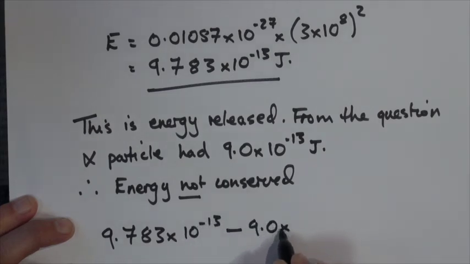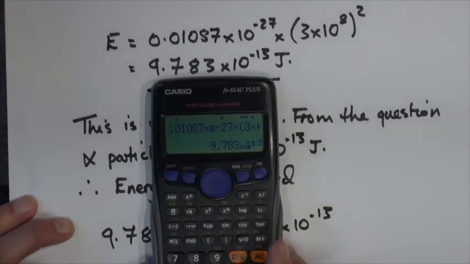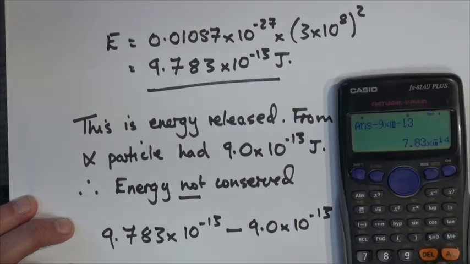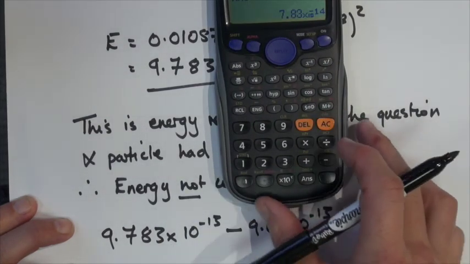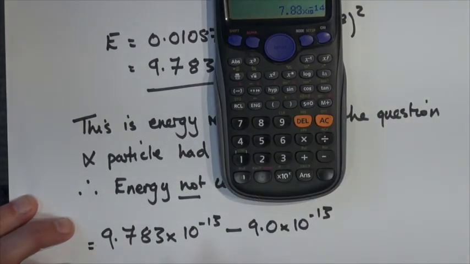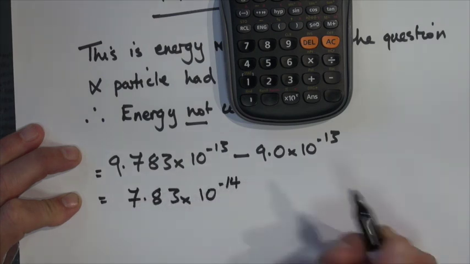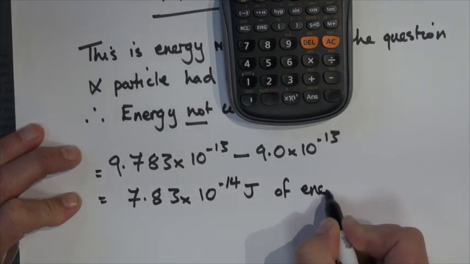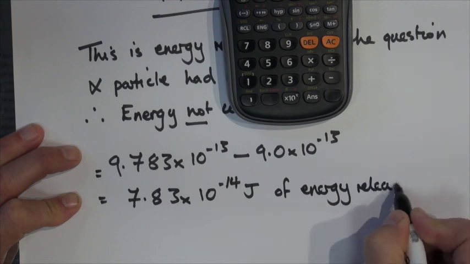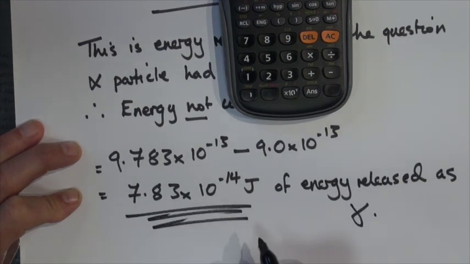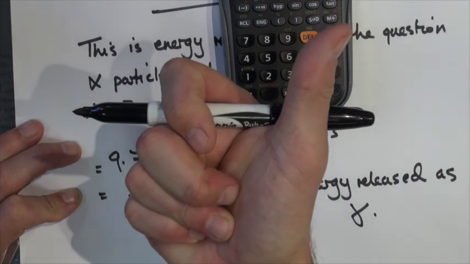The amount is found by taking the kinetic energy of the alpha particle away from the total energy. I've already got that stored, take it away, and I end up with 7.83 times 10 to the negative 14 joules of energy. So this is the byproduct, this is what's left over. I must include that gamma radiation in my equation to make sure everything's conserved. Hope that makes sense. Thanks for watching.